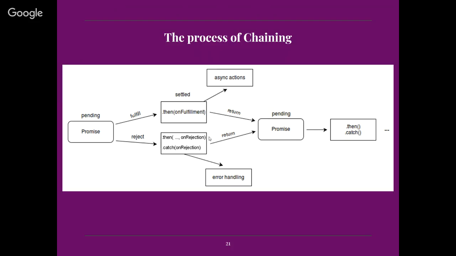This is essentially what happens when we construct a promise chain. These types of chains can be infinite. We can have as many thens and catches as we want.